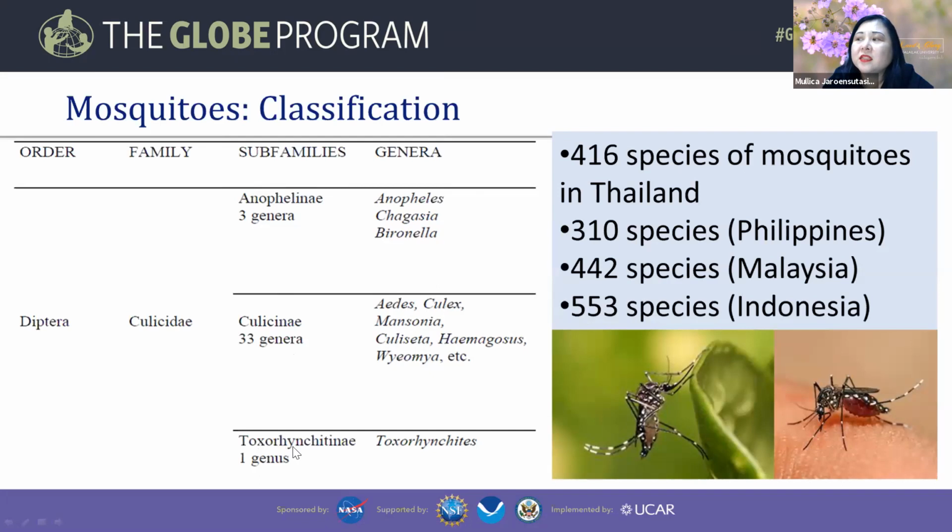And this is the Toxorhynchitis group. Toxorhynchitis, we call giant mosquito. They eat other mosquito larvae as food, so many people are thinking about using this as a biocontrol.